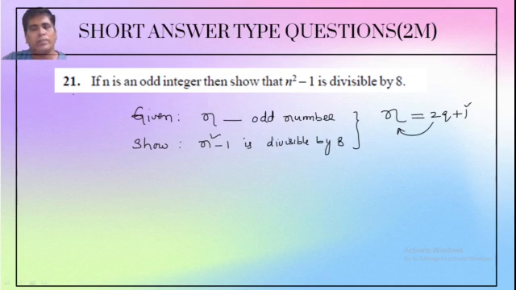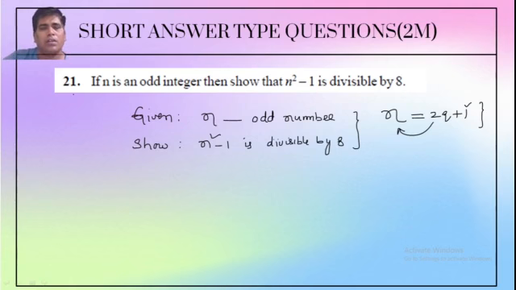So n is in the form of 2q plus 1. This is the first observation, and it is a very important point to be noted. Every odd number is in the form of 2q plus 1 or 2m plus 1 or 2t plus 1. This we already covered in the objective questions.